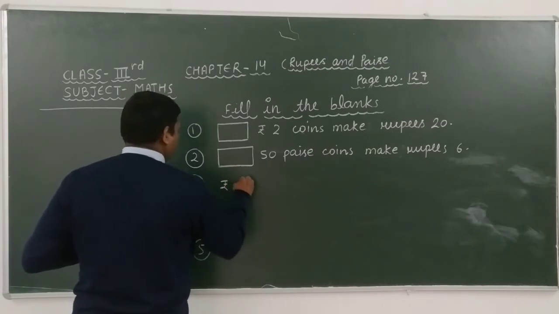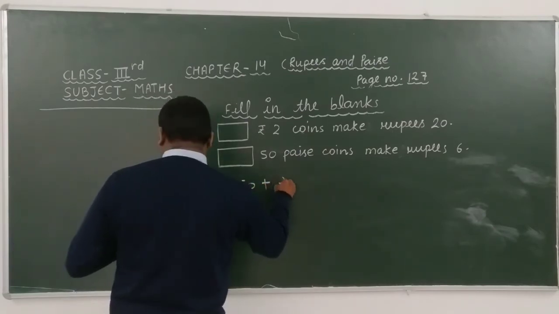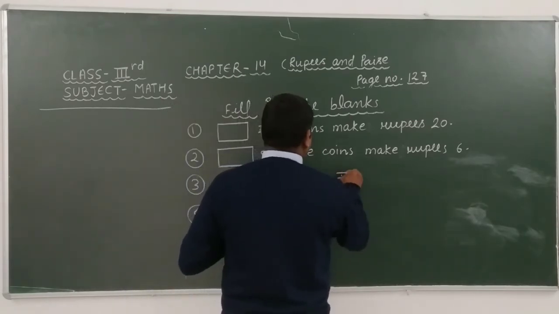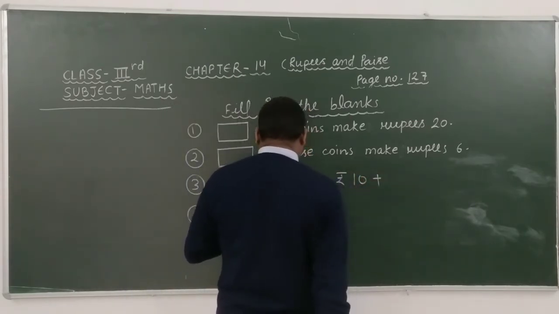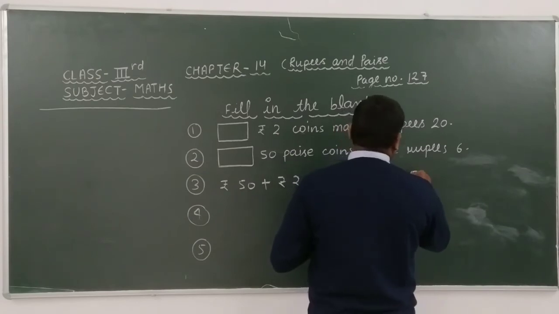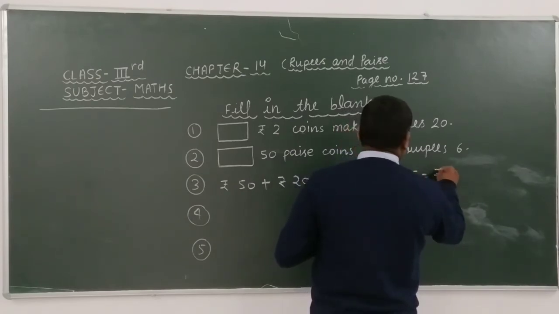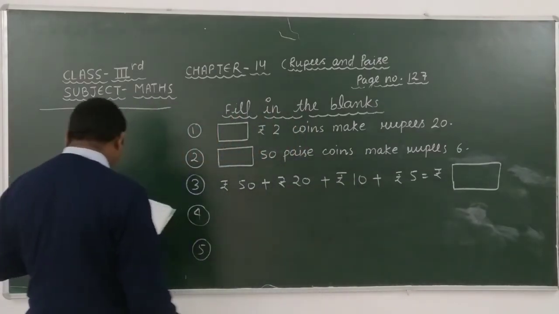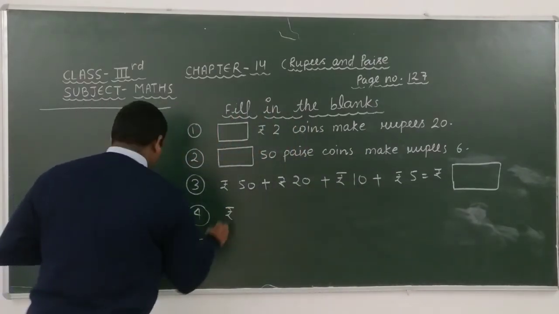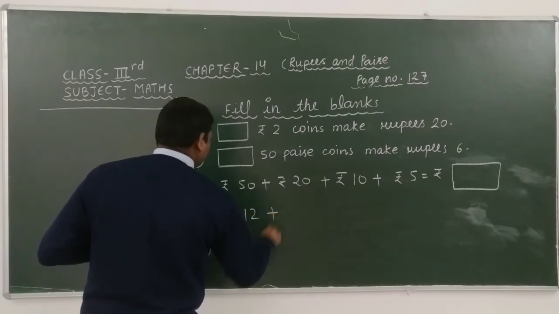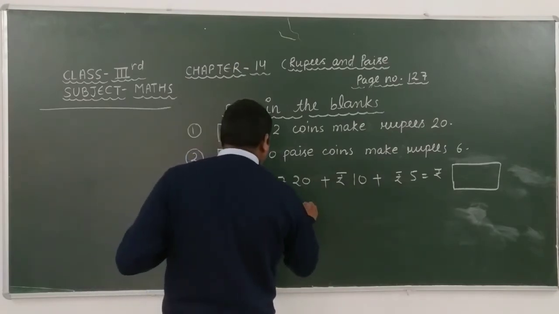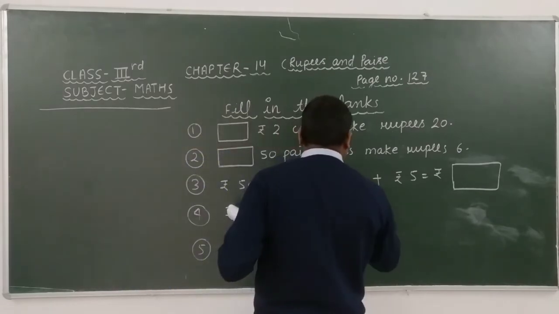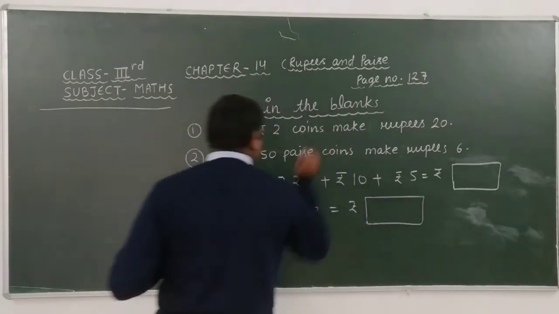Rupees 50 plus rupees 20 plus rupees 10 plus rupees 5 is equal to rupees box. In question number 4: rupees 12 plus 75 paise is equal to rupees box.